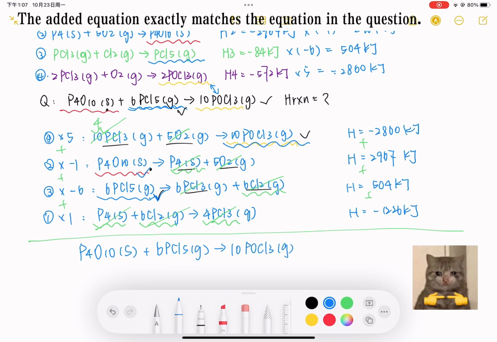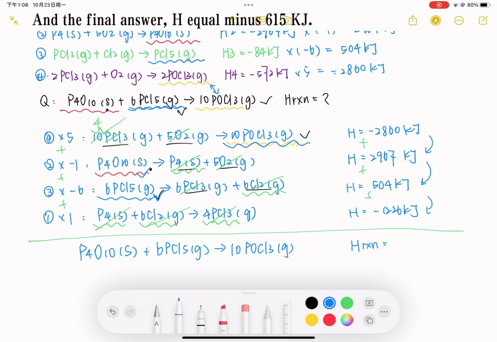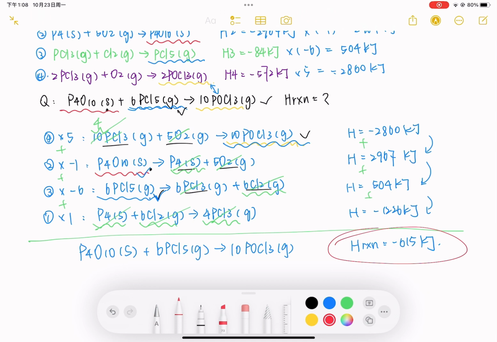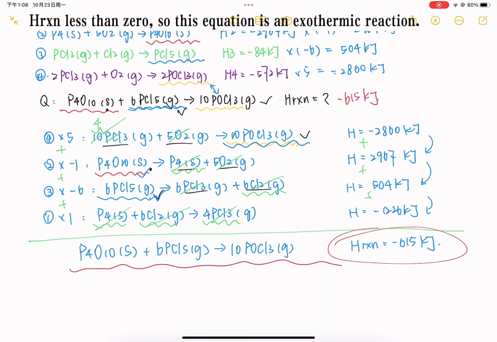The added equation exactly matches the equation in the question. And the final answer, delta H equals -615 kJ. Delta H RXN is less than 0, so this equation is an exothermic reaction.